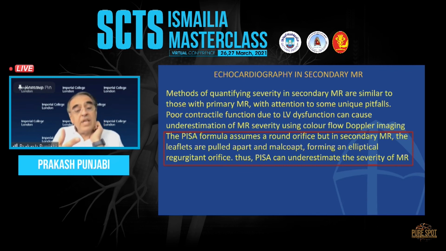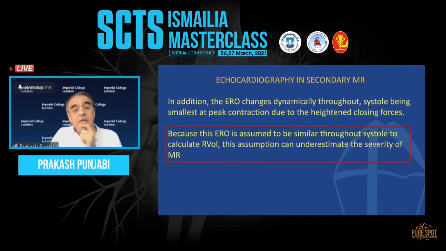And then we found that in terms of assessing the secondary MR, because this was what they were talking about, generally the cardiologist's standard echocardiography is not able to understand the severity. And that's because PISA is a calculation based on a round orifice, whereas an ischemic MR is not a round orifice. And so the PISA can underestimate the severity.